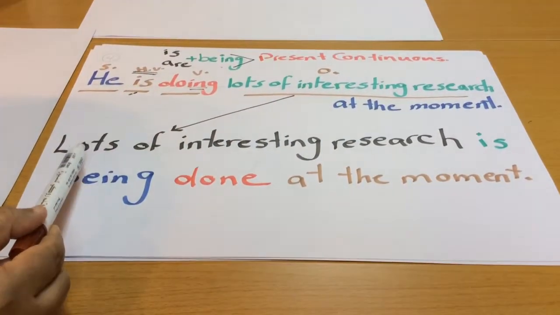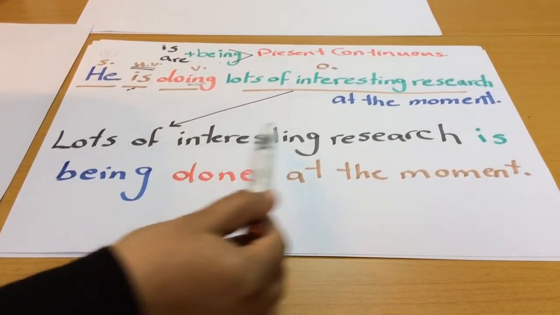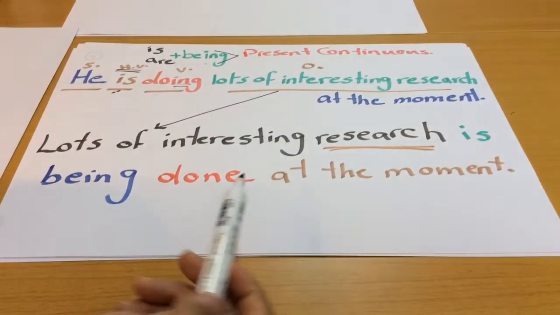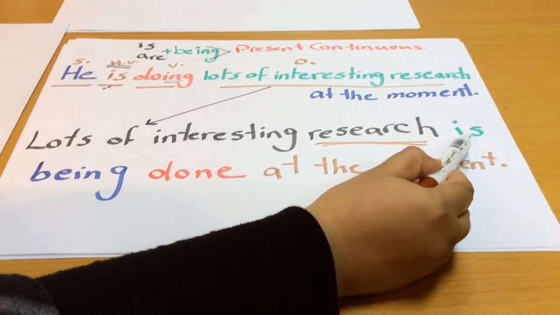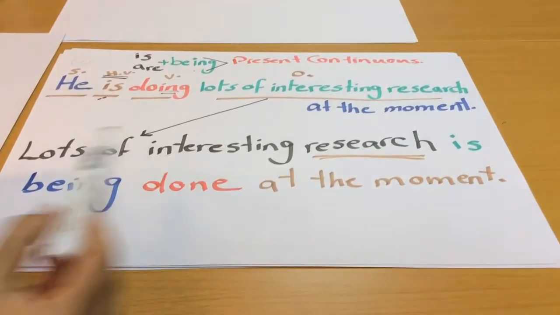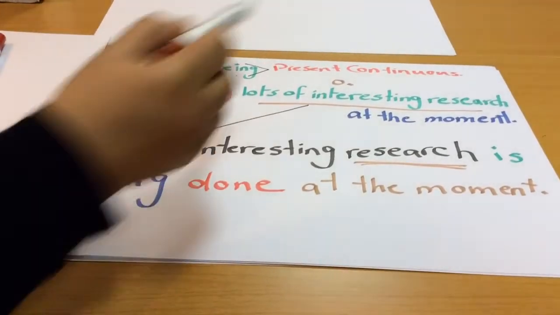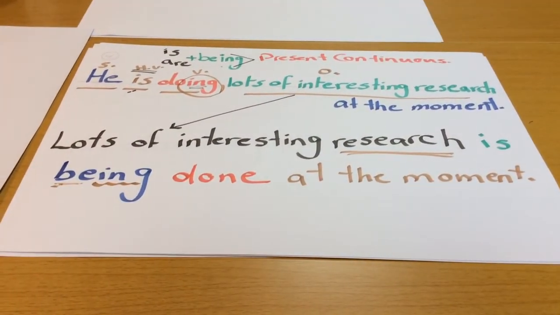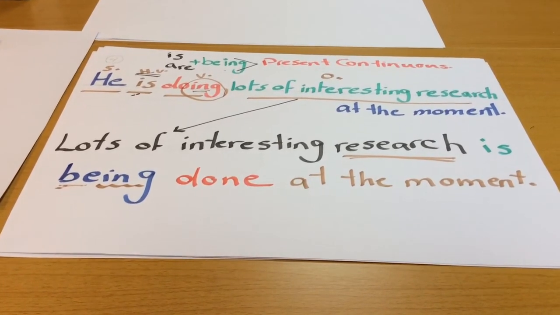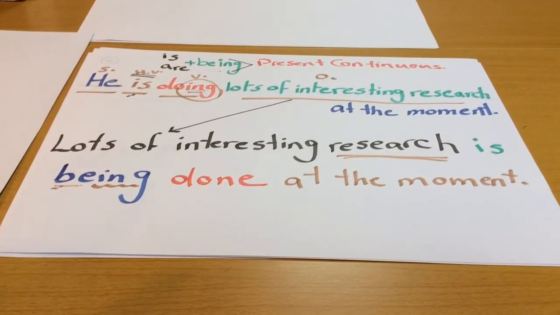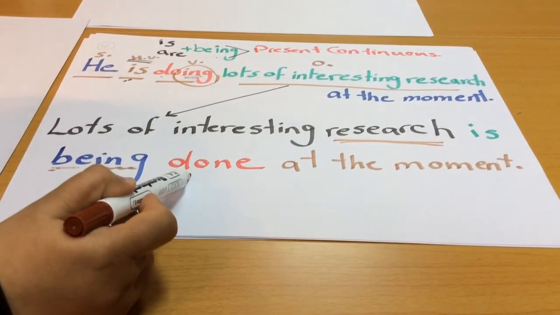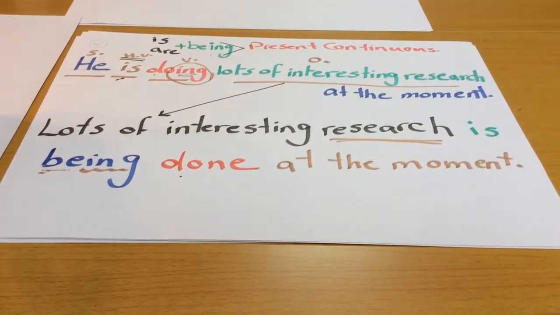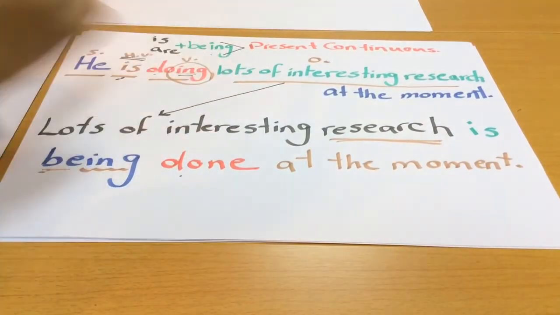So we will start with the object, lots of interesting research. Research, here it is singular, so we will write is. Then we have to add be, but because it is continuous, we add ing, so it becomes: lots of interesting research is being done, with the rest of the sentence, at the moment. This is number 4, present continuous.